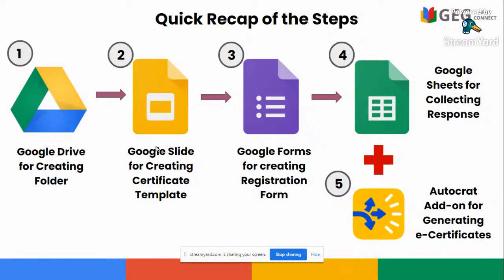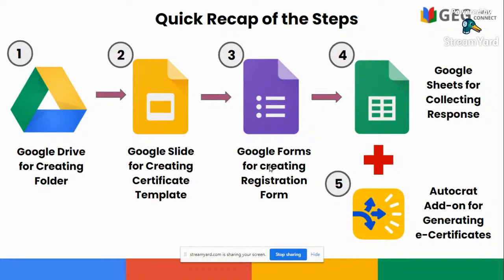The second step is using Google Slides to create a certificate template. The third step is to create a Google form for registration purposes for the participants. It can be a registration form or the attendance form that you share just 5 to 10 minutes before your session.